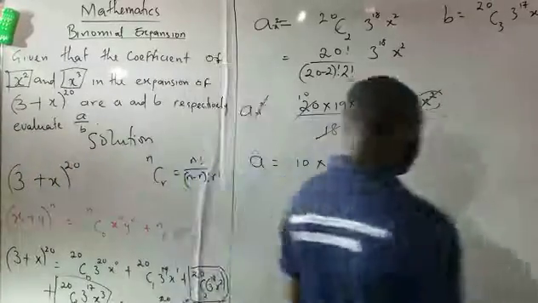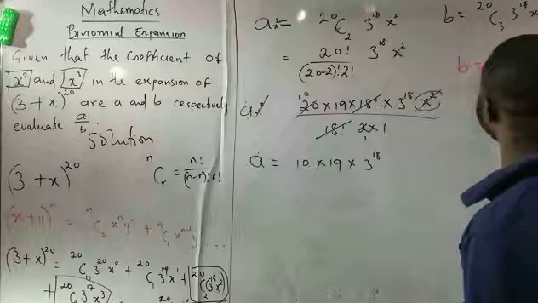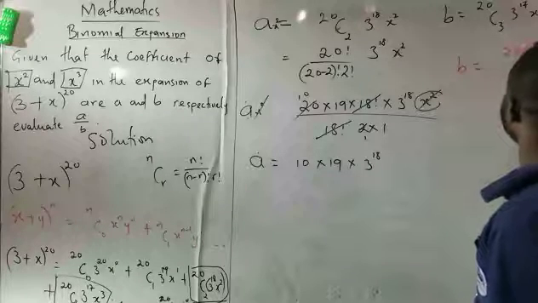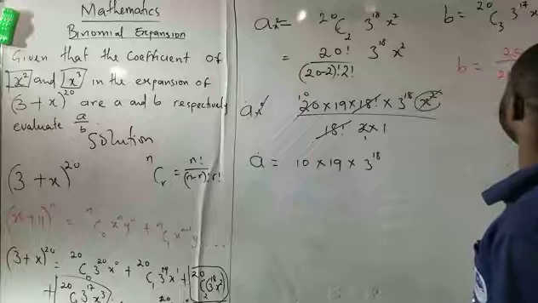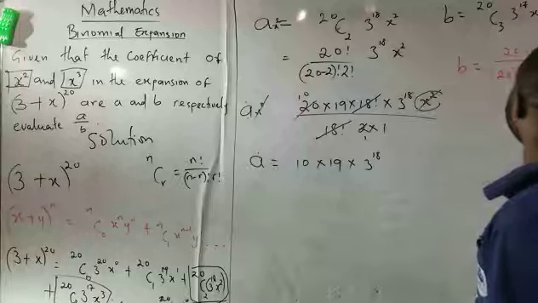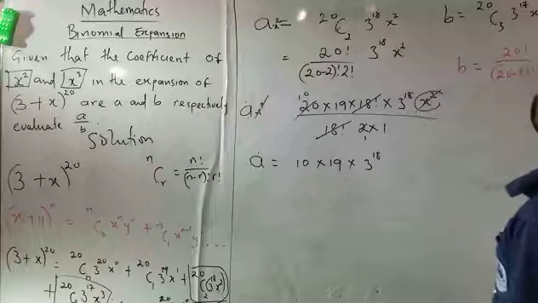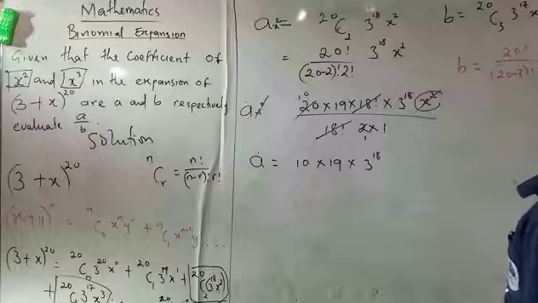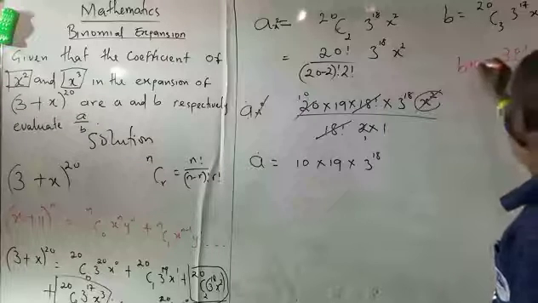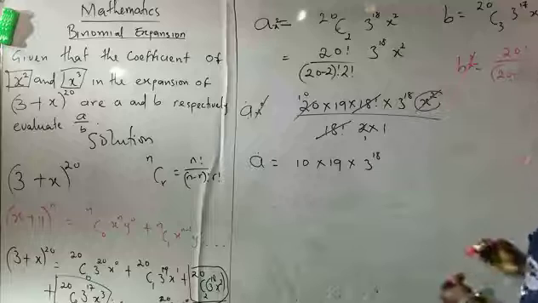Now, what is my B? My B will be equal to 20 factorial divided by (20 minus 3) factorial and 3 factorial, and I will be having 3 raised to power 17, x raised to power 3. Don't forget x raised to power 3 here. This will cancel this, which is allowed.